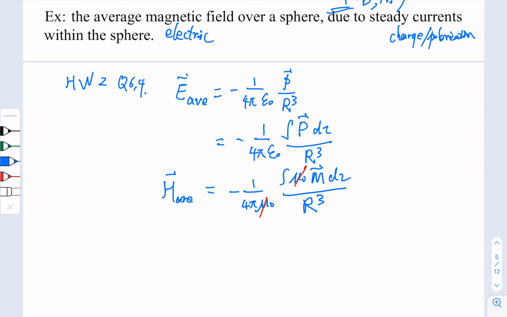So what's left over is simply the integration of the magnetization vector M, total, which is simply the little m, the total magnetic dipole moment. Sorry.